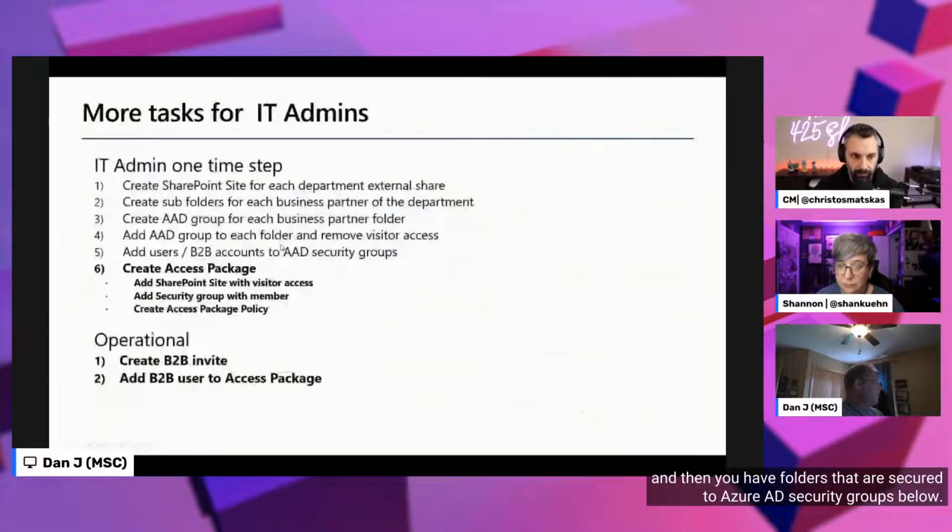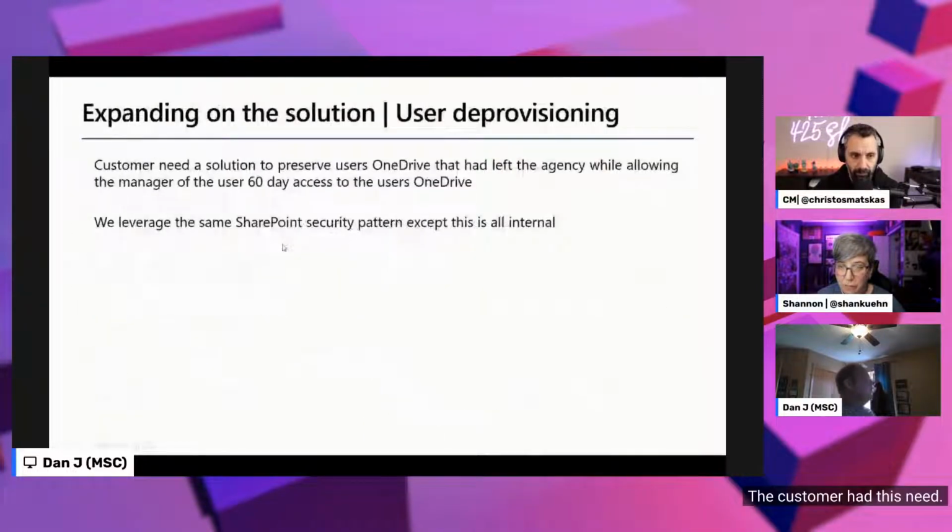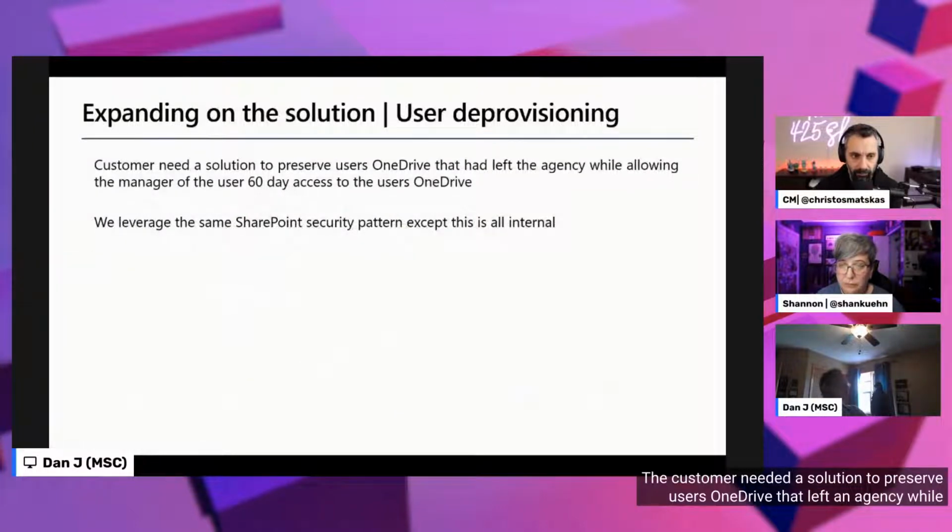Yep. Now, the customer had this need. The customer needed a solution to preserve the OneDrive of users that left an agency while allowing a manager 60 days access to the user's OneDrive. And so what we did is we leveraged the same security pattern, but we created a SharePoint site called User Archive.